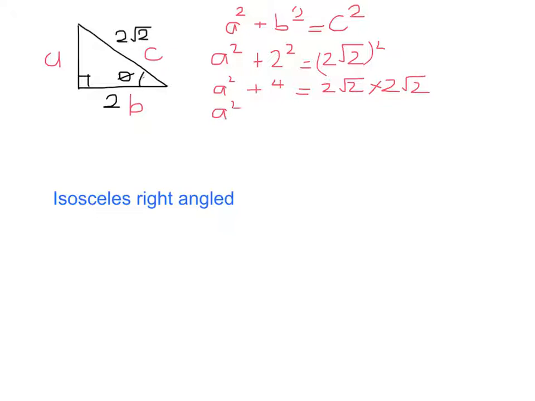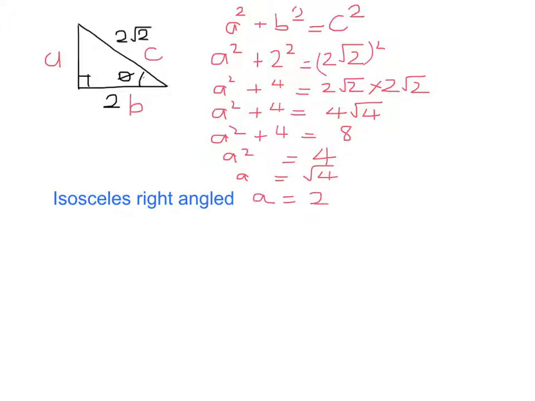So a squared plus 4 equals 4 times root 4. So a squared plus 4 equals 4 times 2, which is 8. So a squared equals 8 minus 4, which is 4. So a equals root 4. So a equals 2. Okay, and I'm going to write a equals 2 on my triangle.